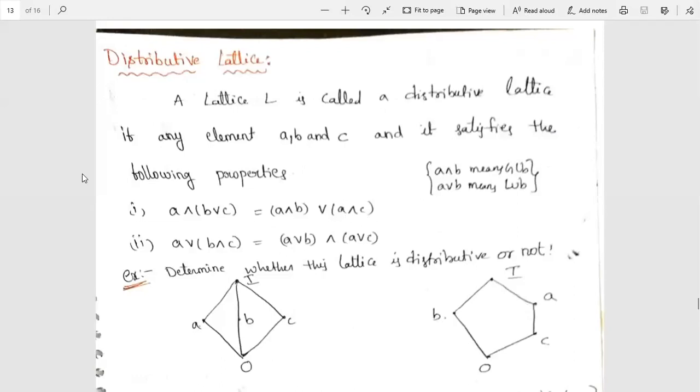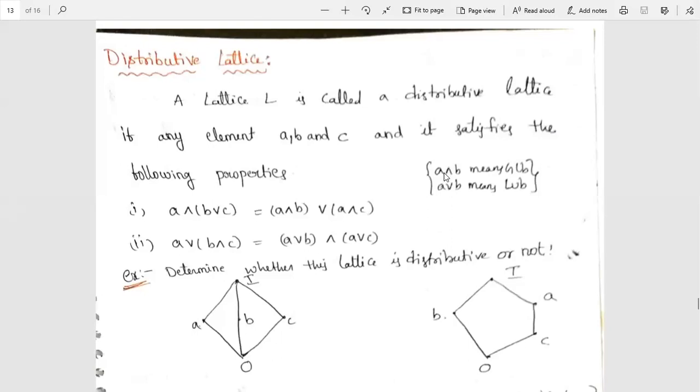And the second property is A join (B meet C) is equal to (A join B) meet (A join C). So what is meet and join?